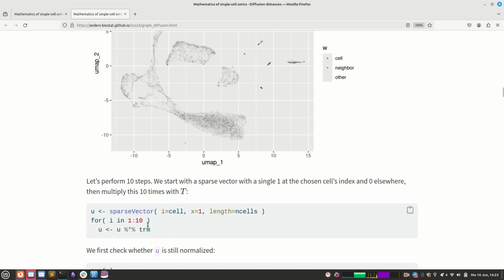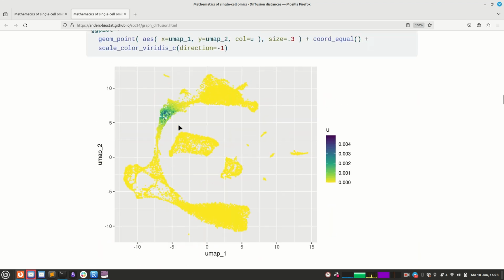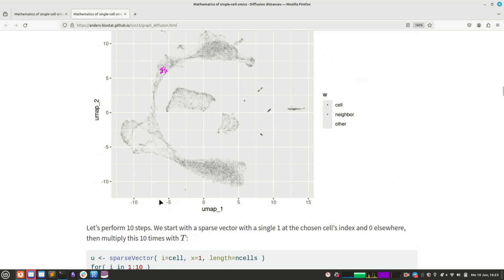We can go through this another 10 times by always multiplying the vector again with the transition matrix. After 15 iterations, we get this probability distribution.